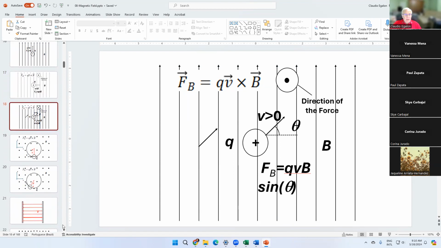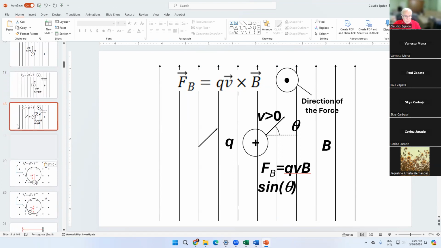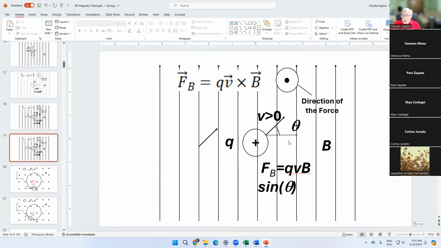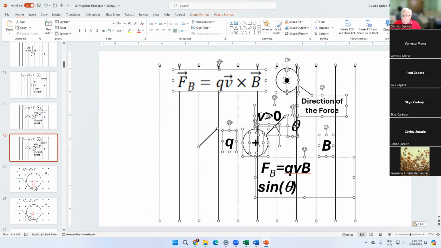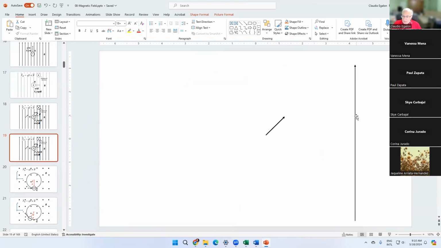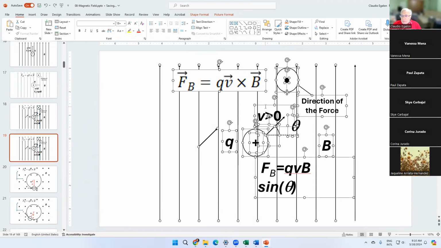tail to tail, and I'm going to illustrate that right here. Everything else goes away, but I'm going to need the velocity vector and the magnetic field as well.